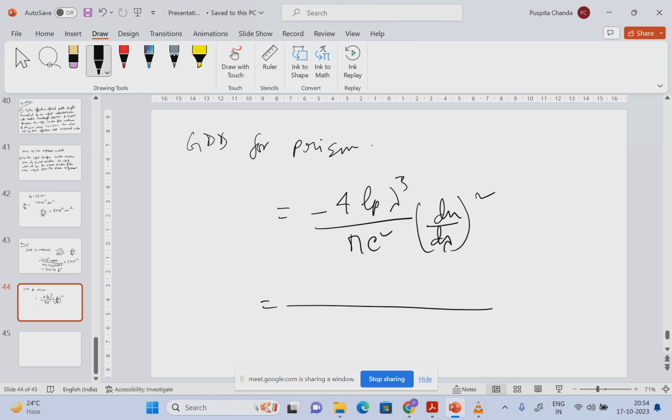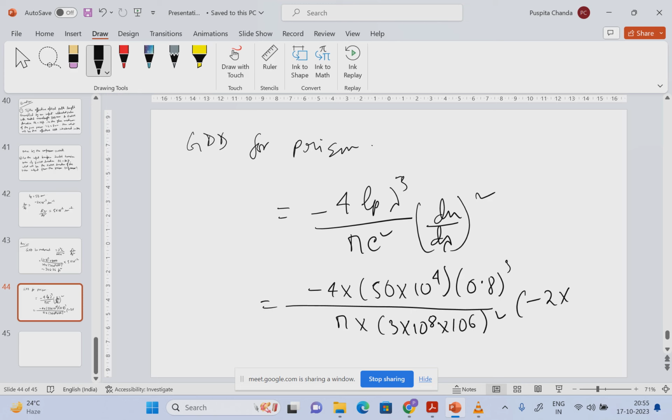So it will be minus 4 into L_P, which is 50 into 10 to the power 4, into 0.8 whole cube, over pi into 3 into 10 to the power 8 into 10 to the power 6 whole square, into 2 into 10 to the power minus 2 whole square. And this comes to minus 1448.66 femtosecond square.